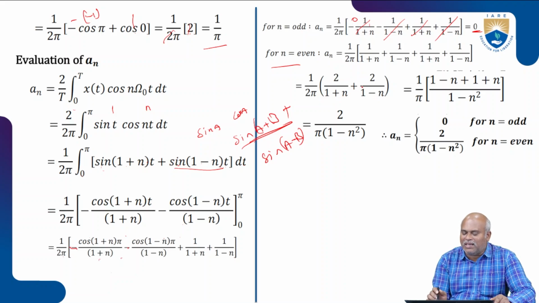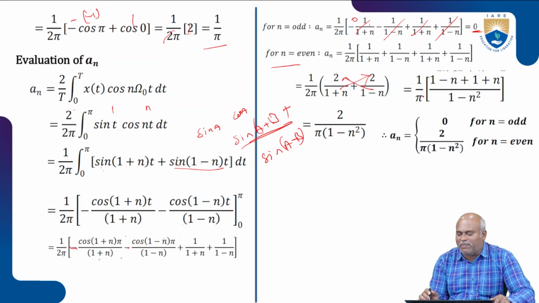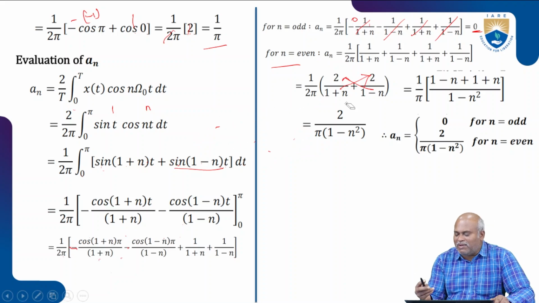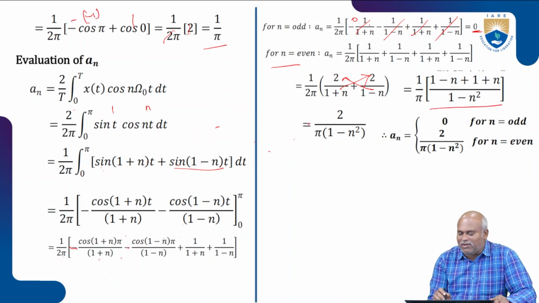Then I need to complete the solution by cross multiplication: 1 by pi, then (1 minus n plus 1 plus n) divided by (1 minus n) whole squared. After simplification, I write it as 2 divided by pi (1 minus n squared).